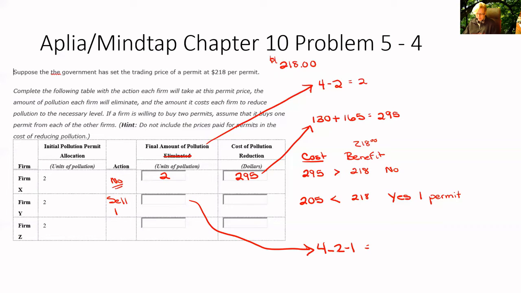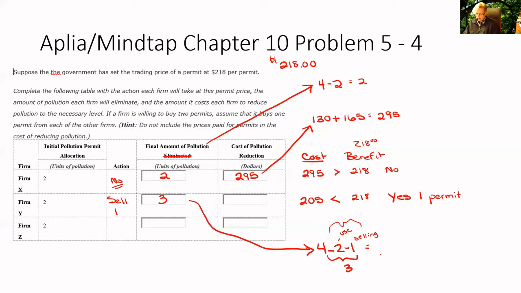Okay, I'm trying to remember how I calculated this. Oh, 3, yeah. Okay, so looking at the -2 and -1, that's a 3. So 3 here, because we're using this and we're selling this. So basically that is 3 pollution permits.